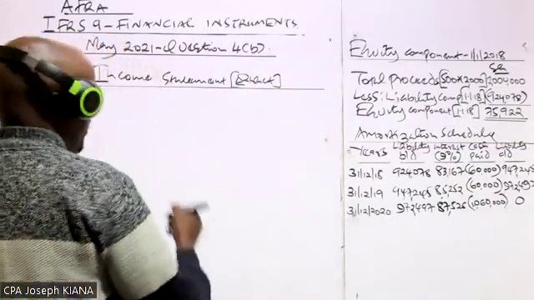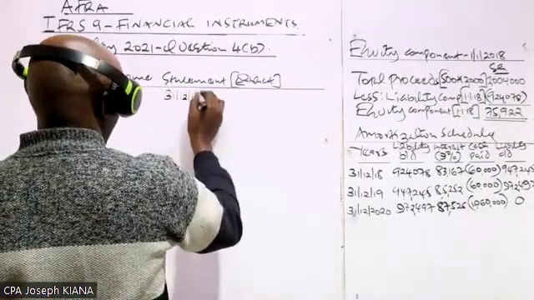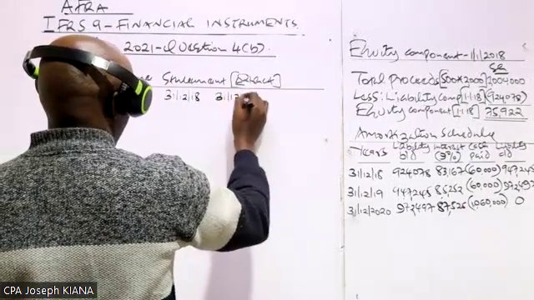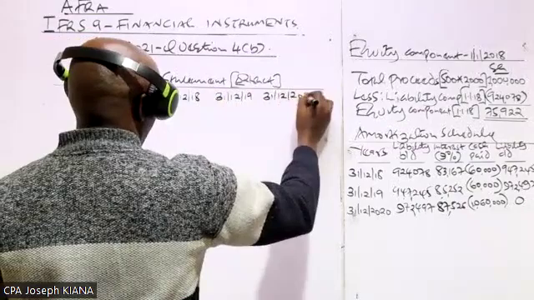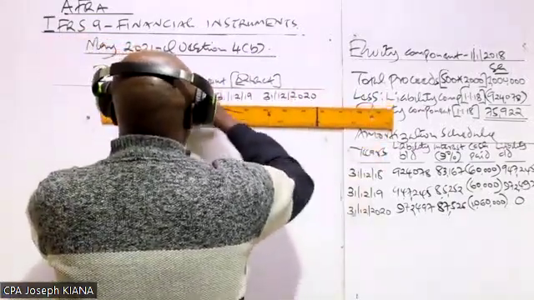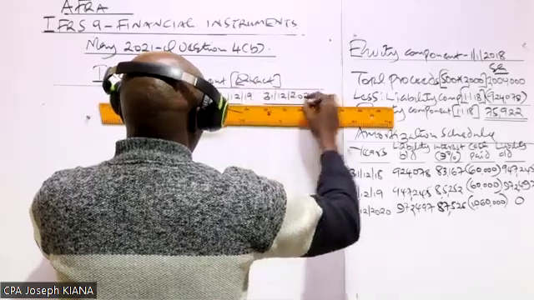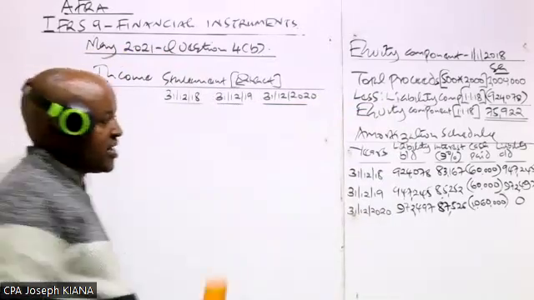So we're going to prepare these for 3 years: 31st December 2018, 31st December 2019, 31st December 2020. What the company should recognize in the income statement as far as this convertible loan stock is concerned is this interest.